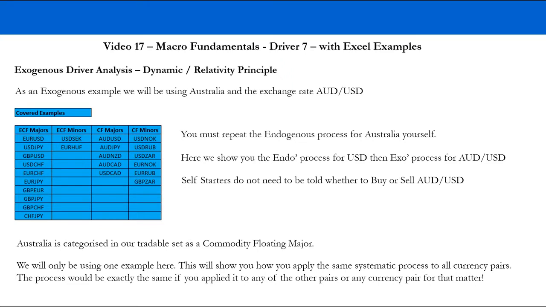Now, Australia is categorized in our tradable set as a commodity floating major. So if you remember our tradable set from the earlier parts of the video series when we were doing our volatility analysis, we got to our opportunity set as our tradable set, and we split up into ex-commodity floating majors, ex-commodity floating minors, commodity floating majors, and commodity floating minors.